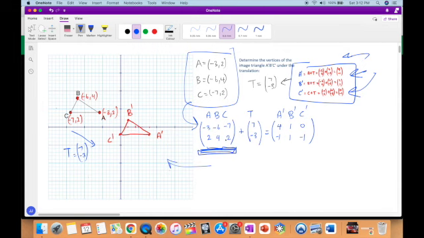A matrix is just a way of representing large amounts of information. And now that we have this large amount of information inside of a box, we could operate on all the information one time instead of having to do it line by line like this. We could just literally operate on all of them one time and end up getting our image, right? So I hope everybody is okay with that so far.